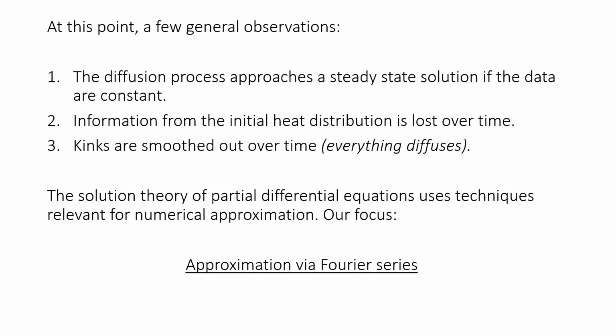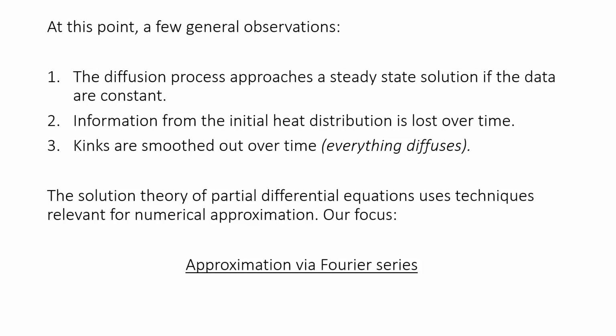So at this point, we can make a few general observations on the fundamental qualitative properties of the heat equation. First, the diffusion process approaches a steady state solution if the data are constant. Second, information from the initial heat distribution at the very beginning is gradually lost over time.